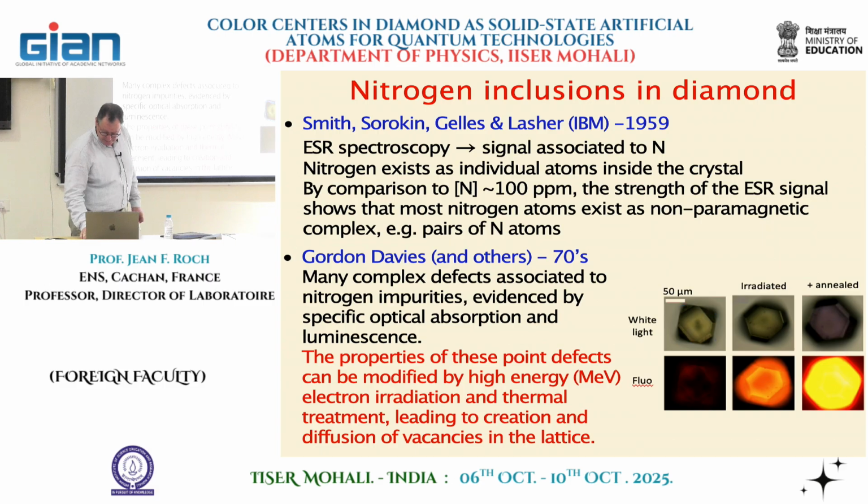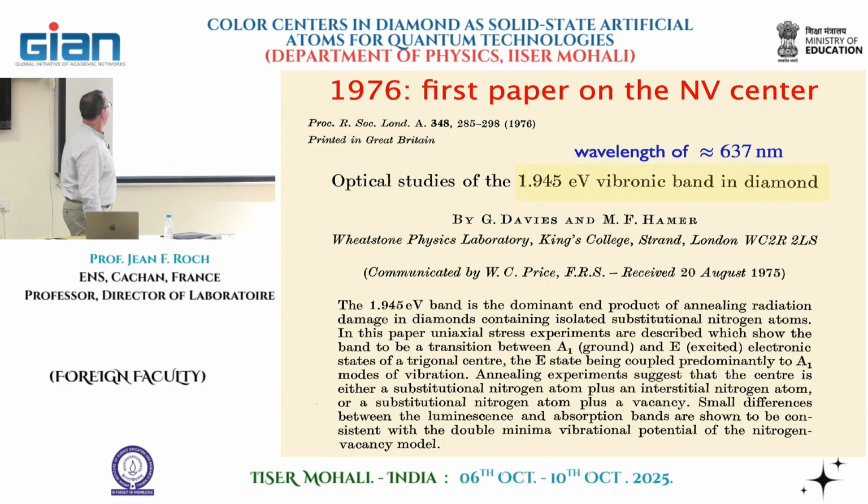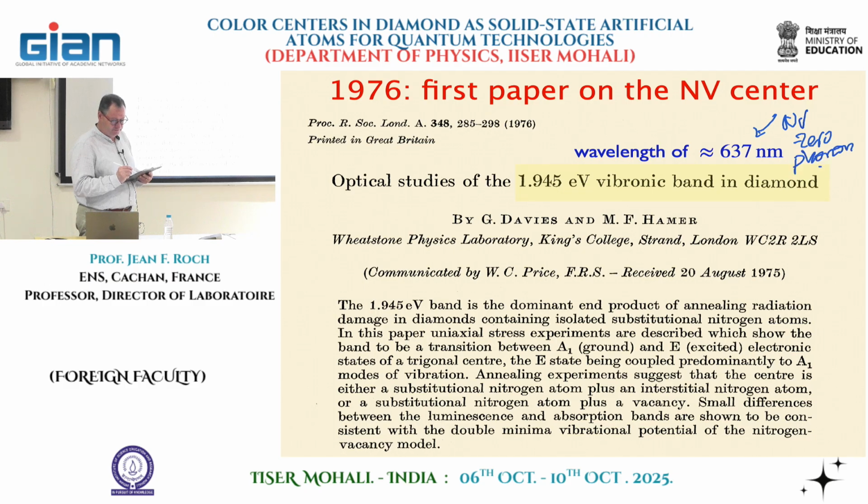But then Davis and Hammer at King's College in London found that it was associated with a very bright luminescence with a specific wavelength at 637 nanometers. And this is exactly the NV center zero phonon line that we will try to explain. So this was the first paper where the NV center was identified, of course, in an ensemble.